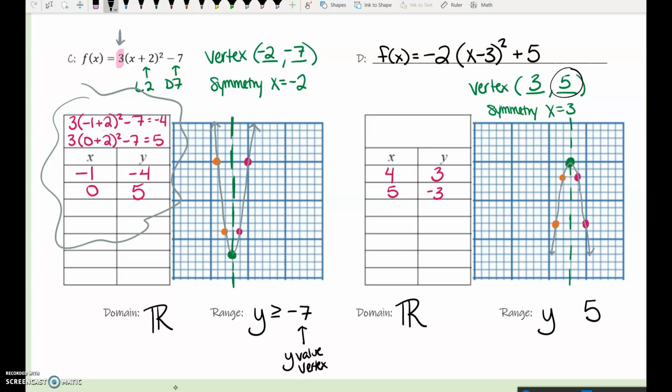But because the graph flipped, all of these points are 5 or smaller, so y is less than or equal to. Because the graph flipped, the range flips as well. It's still going to be the y value of the vertex, but if the graph opens down, it's less than or equal to. If the graph opens up, it's greater than or equal to.